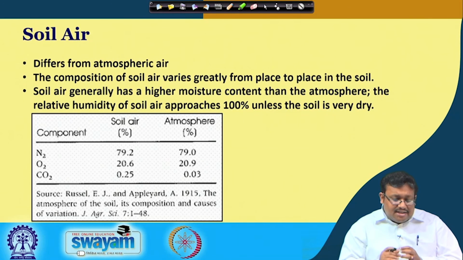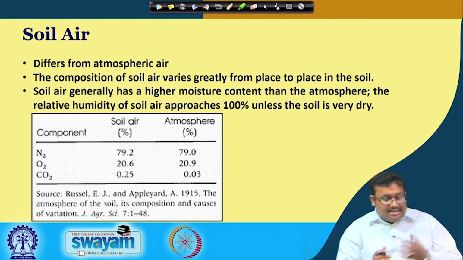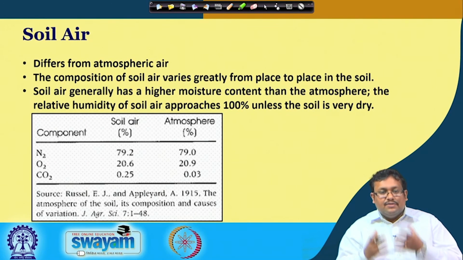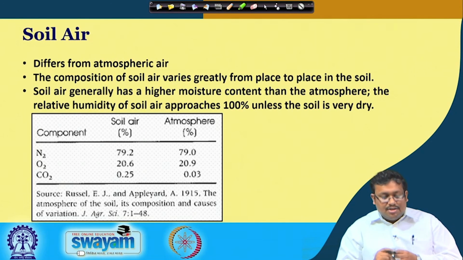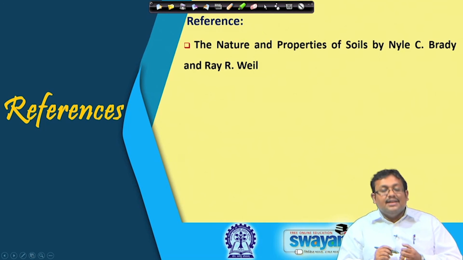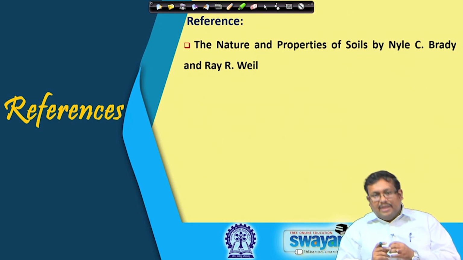However, carbon dioxide you can see is almost 10 times higher in soil air than in the atmosphere, because of the high amount of respiration by different microorganisms present in the soil. That is why soil air has a higher amount of carbon dioxide than atmospheric air.